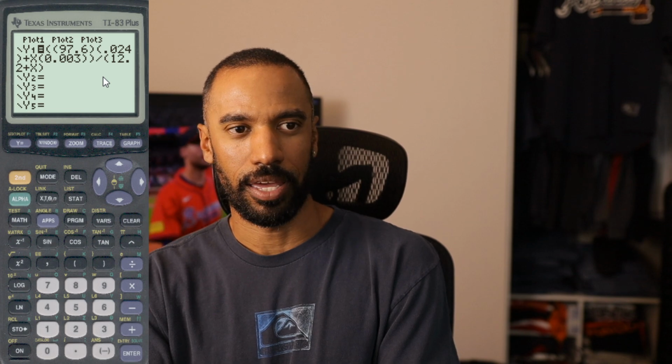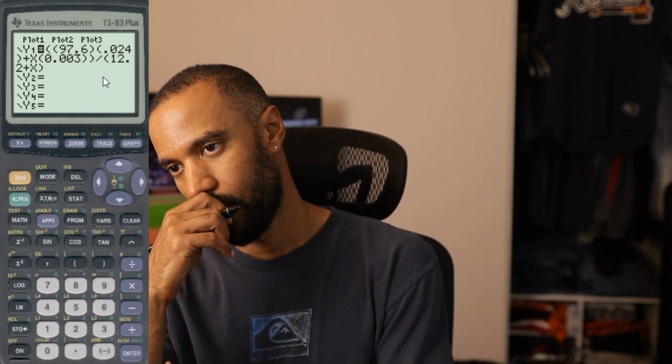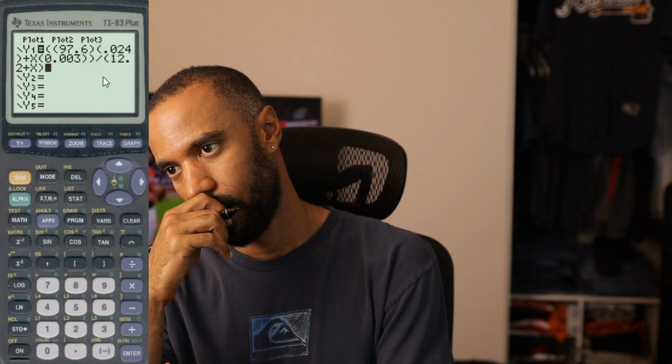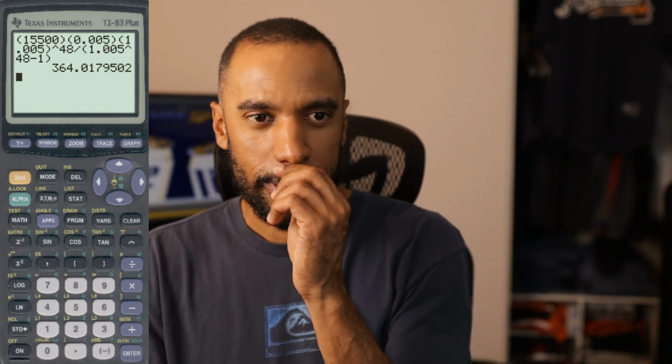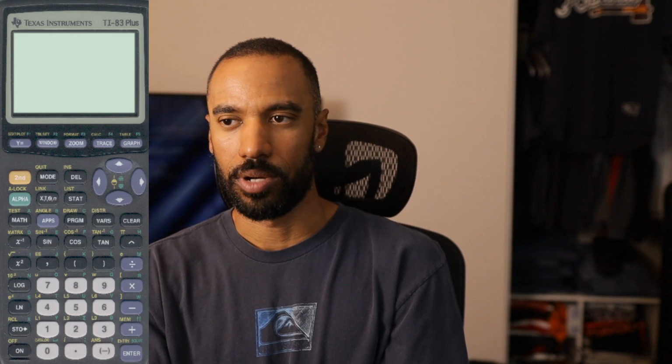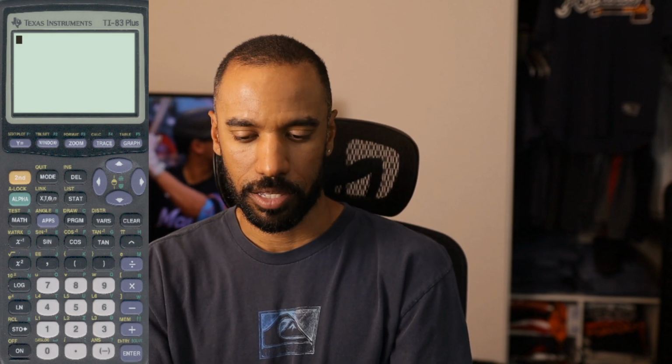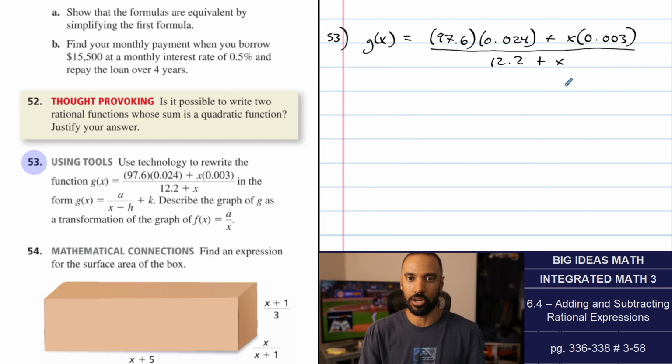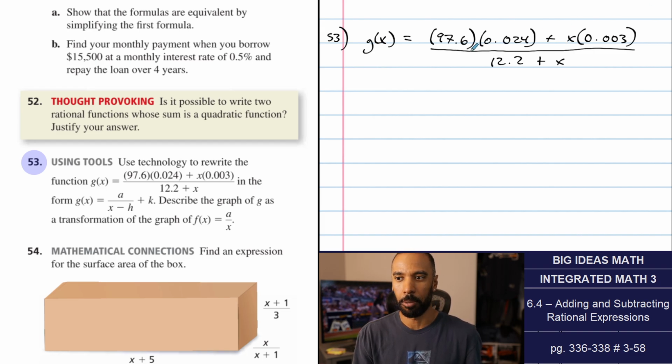Maybe they just mean use the graph, use a calculator. All right, let me see what the graph looks like first. Okay, that's no fun. Maybe they're just saying use the calculator to help you. When they say use technology, I don't think they mean let it get your answer. I think they mean let it help you compute things.